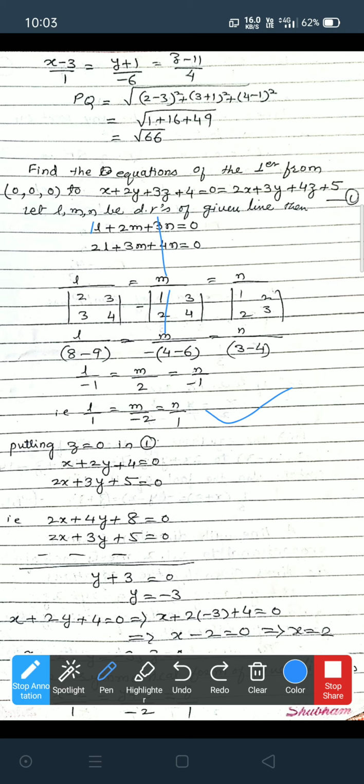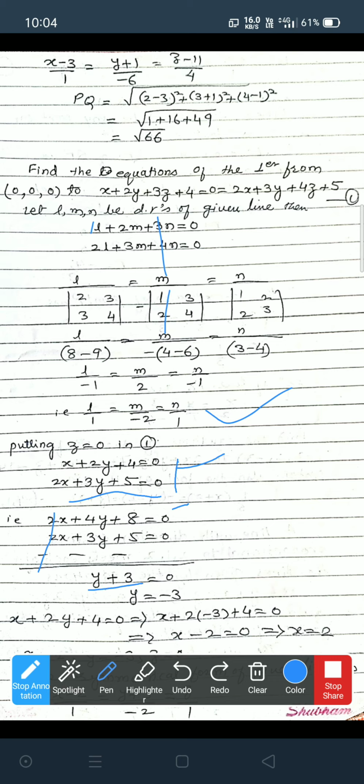Putting z = 0 in equation number 1, we get these two equations: x + 2y + 4 = 0 and 2x + 3y + 5 = 0. Solving these, multiply the first equation by 2, then we get 2x + 4y + 8 = 0, and subtract 2x + 3y + 5 = 0. Then 2x gets cancelled. We get 4y - 3y = y, and 8 - 5 = 3.